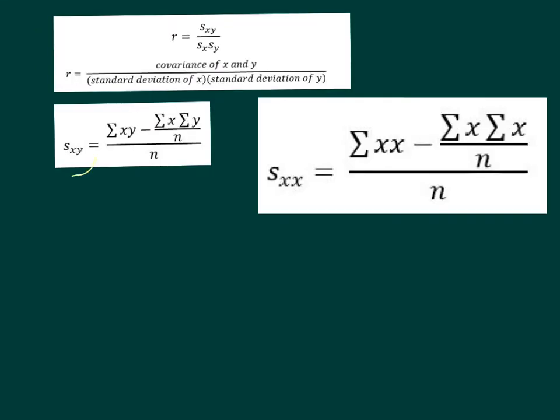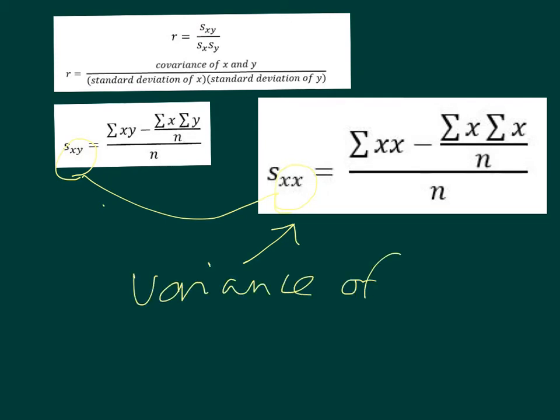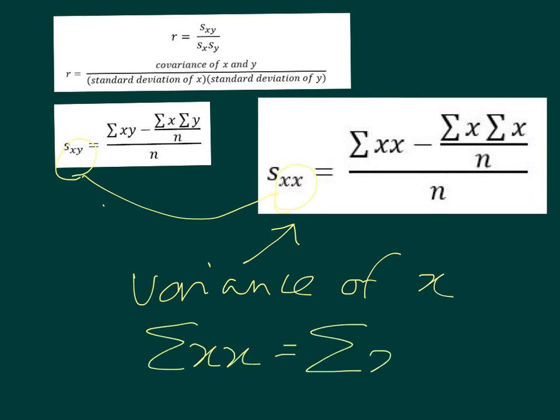When you replace xy by xx, this formula gives us the variance of x. So sigma xx just means the summation of x squared. And n here represents the total number of observations. Previously I had 3 sets of observations, so n equals 3.